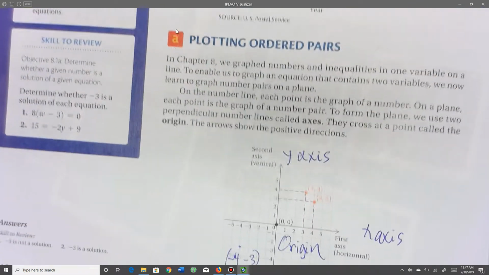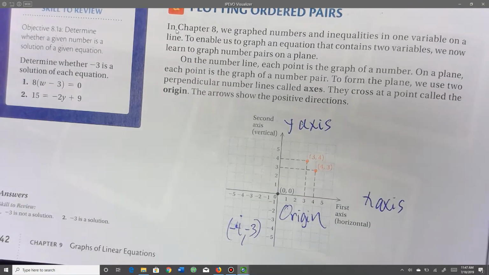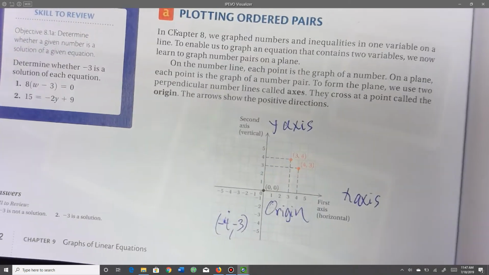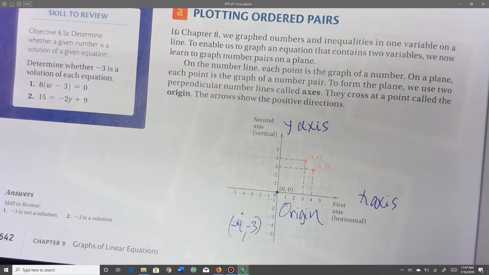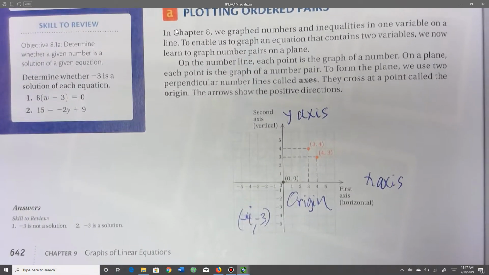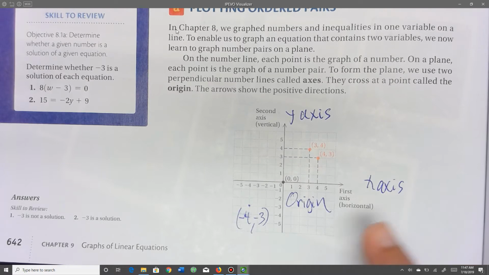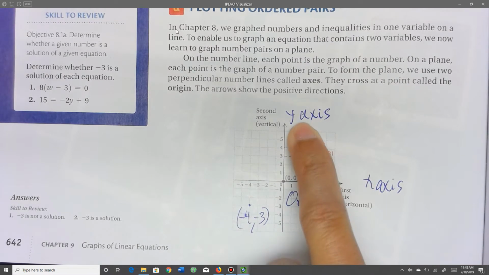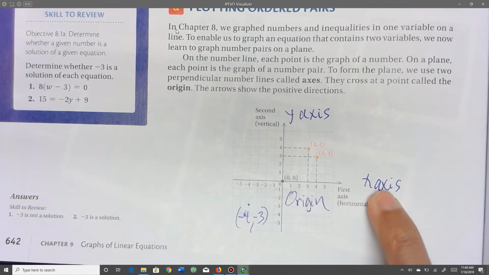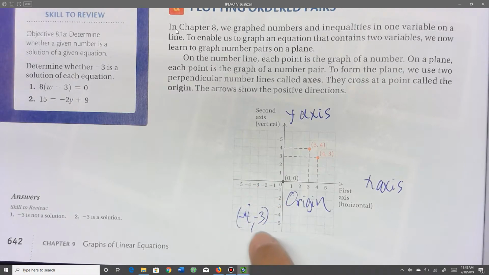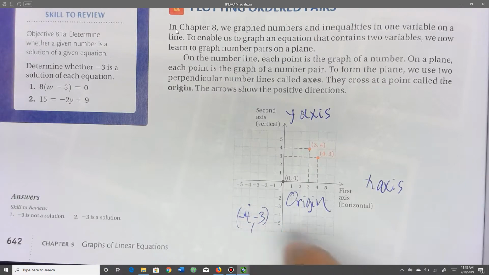Okay, we learned about plotting ordered pairs or points. And remember to memorize what the y-axis is, the x-axis, the origin. This is what an ordered pair looks like, or a point.